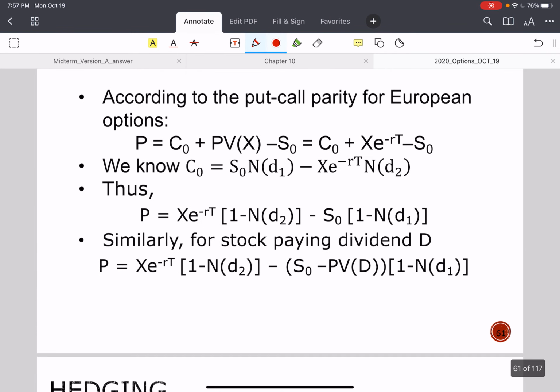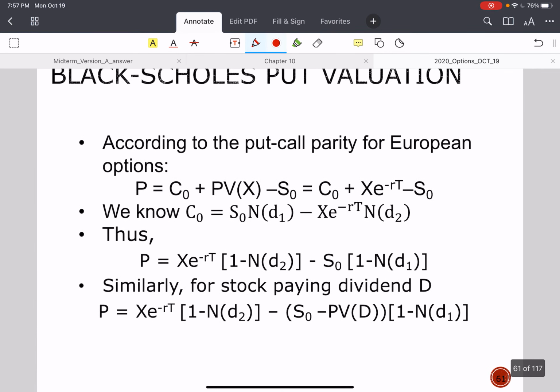So basically, if you have the call option valuation formula for European calls, then using put-call parity, it's very easy for you to find the valuation formula for a European put option. And again, you can very easily find the formula for a European put option with dividend.